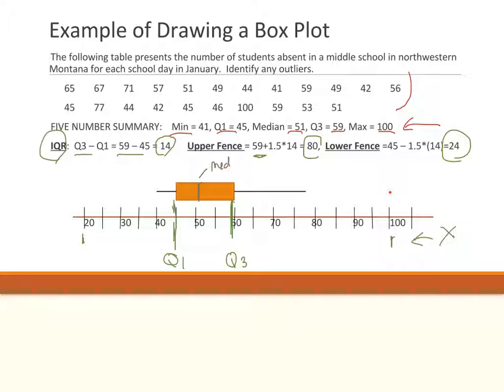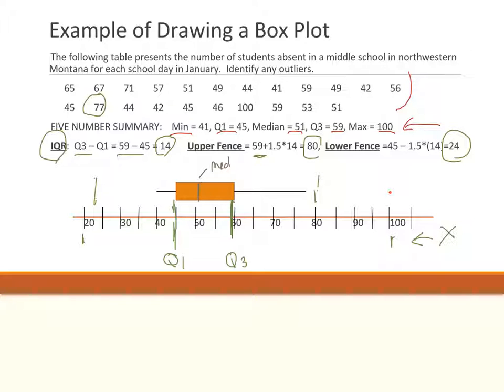And then we draw our whiskers. Our lower fence is at 24, so we would draw a dotted line there, and then 80 is right here. You notice that the closest value to 80 is 77, so that's our top whisker.